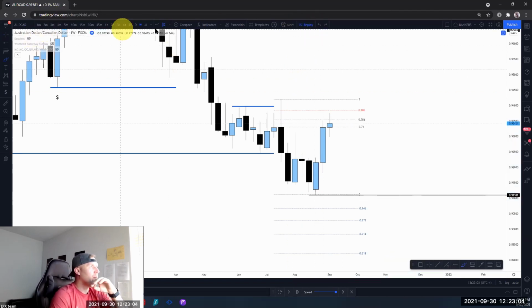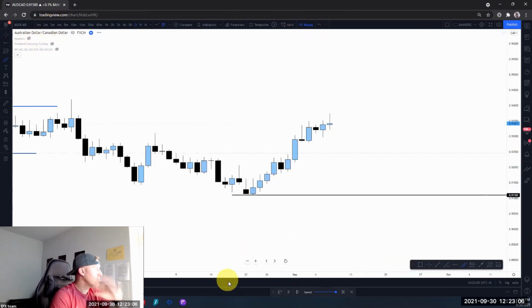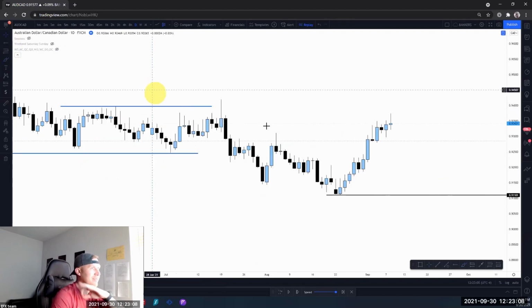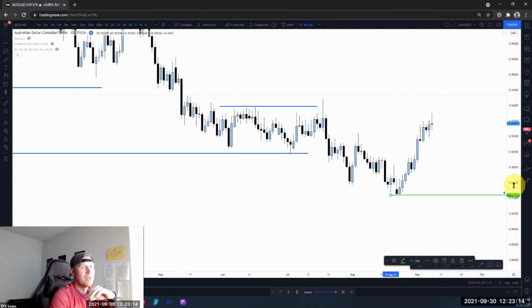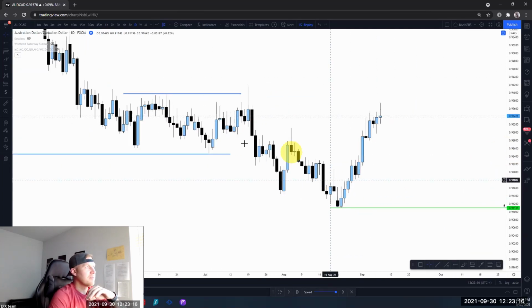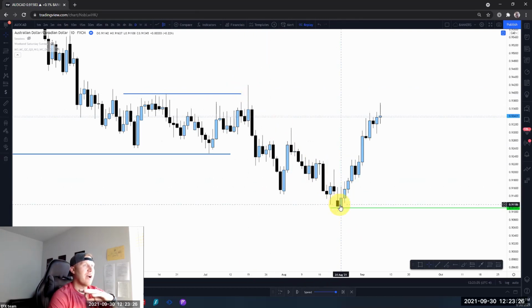So let's go back down to a daily time frame. And if I'm losing you or if something's not making sense, please stop me, ask questions, and we can dig into it. Okay, so just for reference, from this swing down to this swing, this was back in July, and then down here, this was in August, and then up here, this was in September.